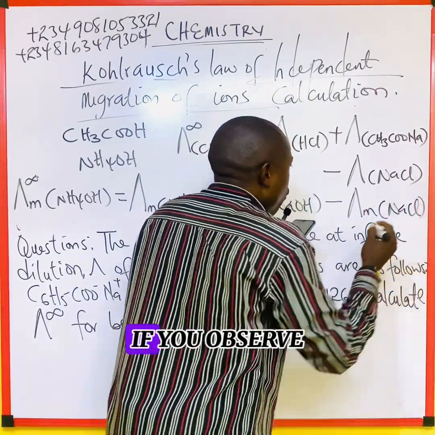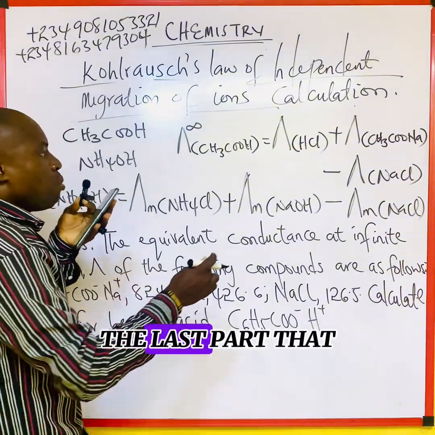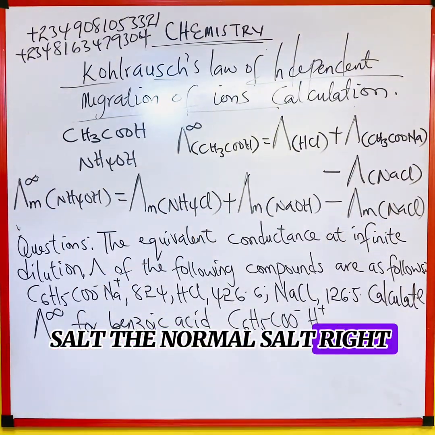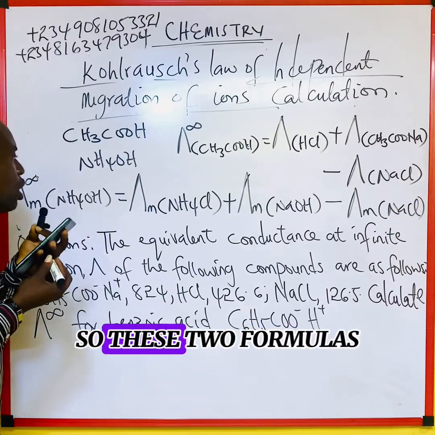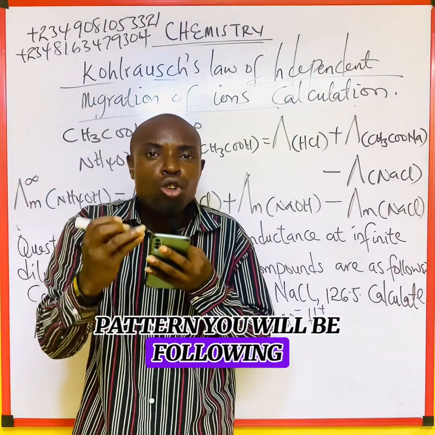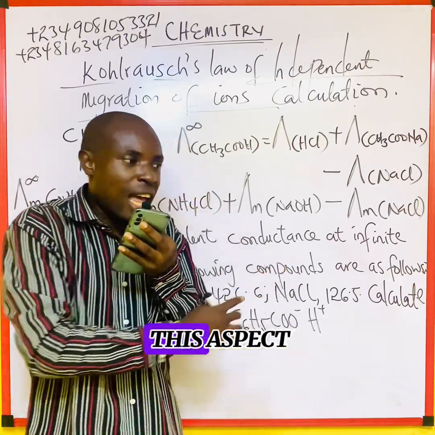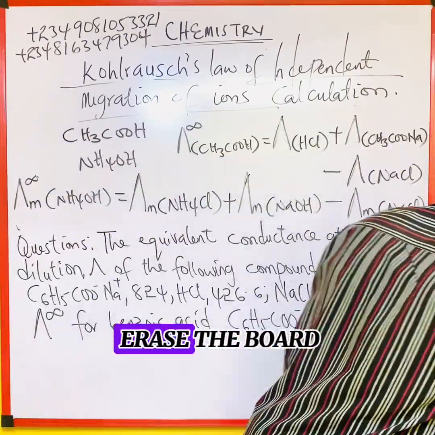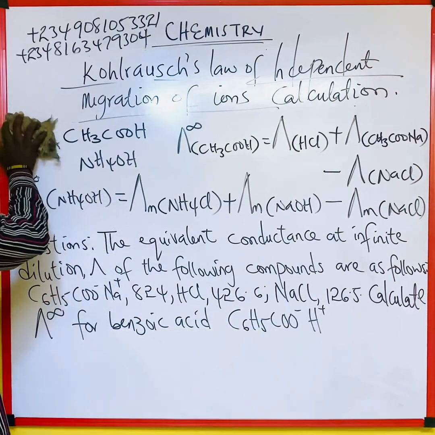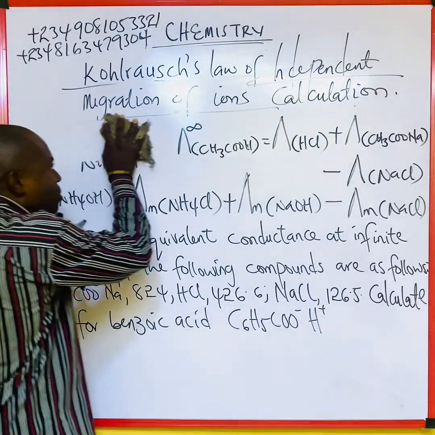Salt. If you observe, the last part that you're subtracting is always the pure salt, the normal salt. So that is just it. So these two formulas should be in your head, because this is the pattern you will be following in solving questions under this aspect. So let me now erase the board so we can solve this simple question.